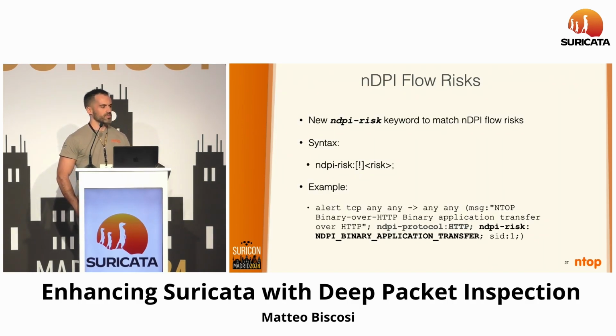Another keyword that we introduced with this plugin is ndpi-risk. So the ability to match traffic against one of the flow risks which are detected by nDPI. For instance, here we have a simple rule which is detecting the ndpi-protocol HTTP, and the risk binary application transfer.